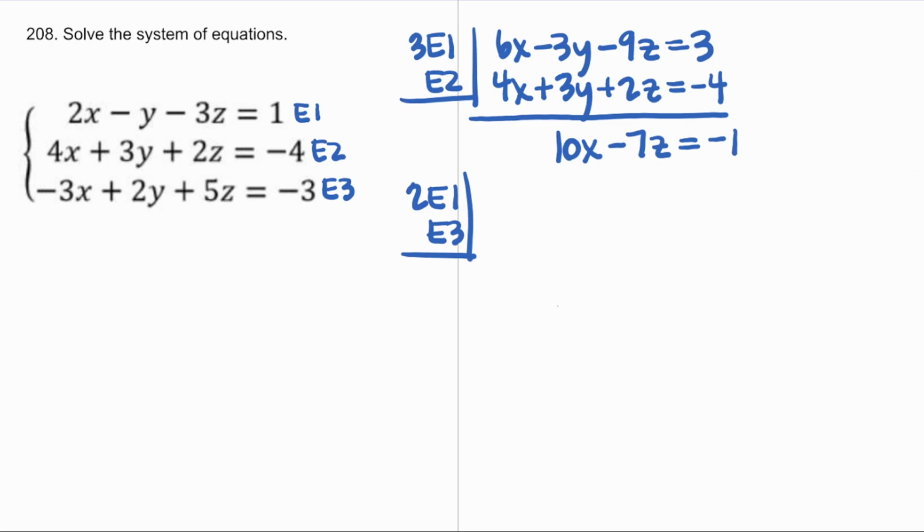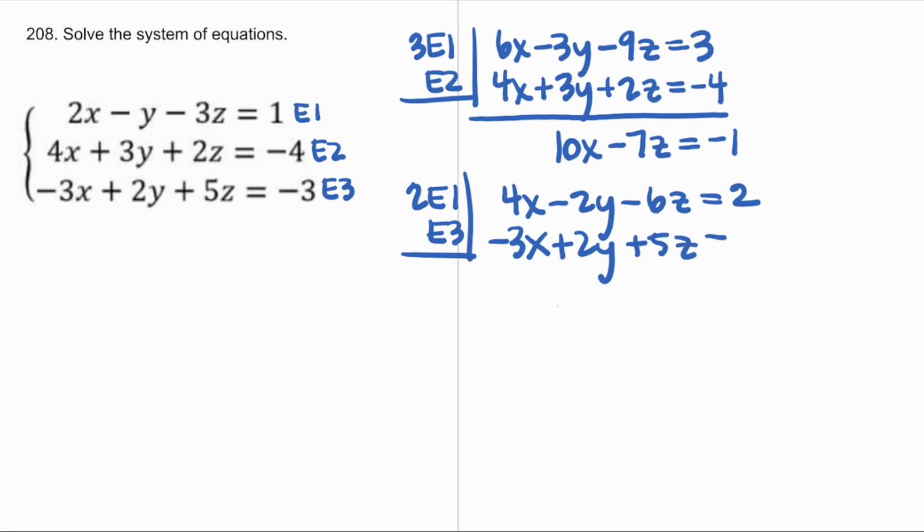That'll be 4x minus 2y minus 6z equals 2, and equation 3 would be negative 3x plus 2y plus 5z equaling negative 3. We're going to add those together and get 1x minus 1z equals negative 1.